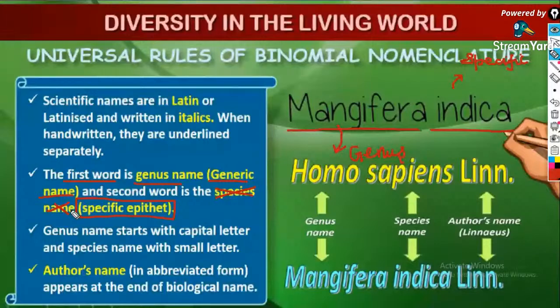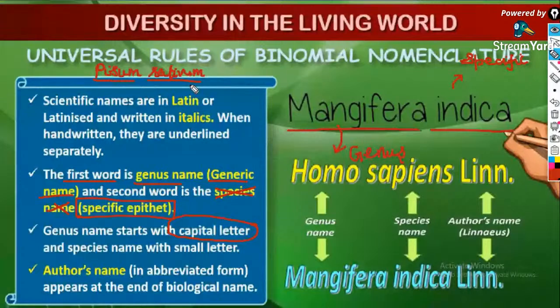The third point is that the genus name always starts with a capital letter. That's why I told you, when you sent me Pisum sativum, your first letter P was a small letter. Whenever you are typing or writing a Latin name, that is the scientific name, when handwritten it has to be separately underlined, and when typed it has to be in italics.